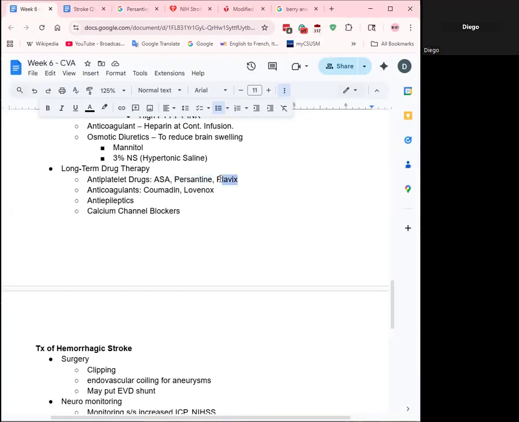For the most part though, it's going to be Plavix and aspirin. This one's more rare. For anticoagulants, there's Coumadin or warfarin, Lovenox, and Eliquis could be one.